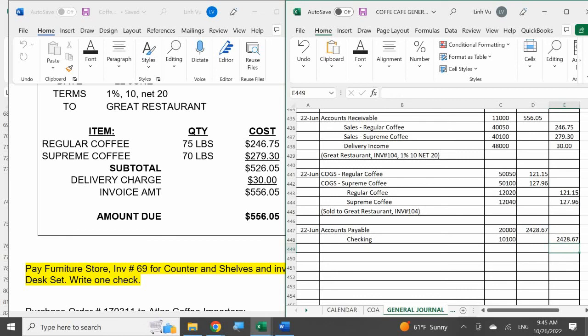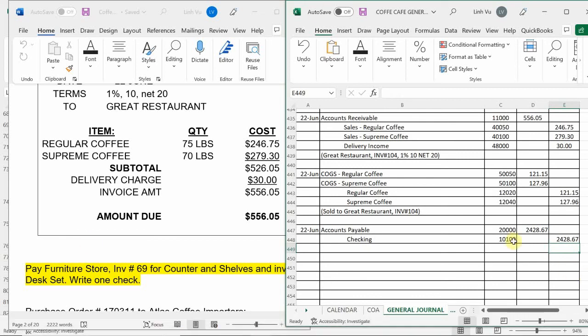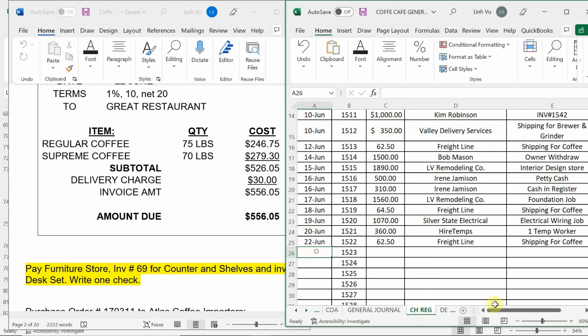So in this case, check register. Check number 1523. Who am I making payment to? Furniture store.